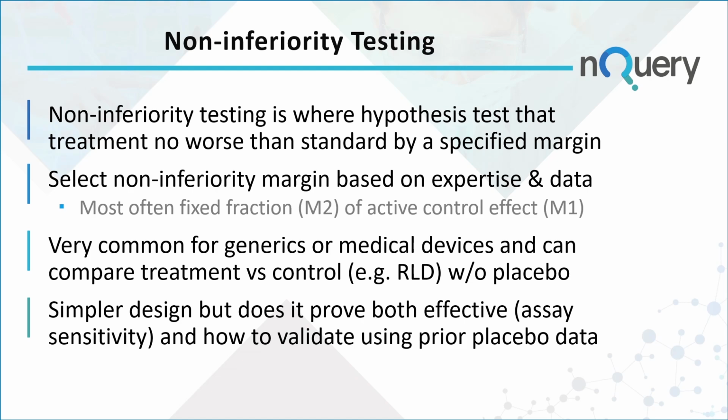But the problem with that simple design is that you haven't really proven within your own individual trial that the reference treatment or indeed your own treatment are significantly better than placebo. That's been assumed based on the prior evidence, but it has not been proved by your own study. And in effect, you're basically using something that's equivalent to a historic control.